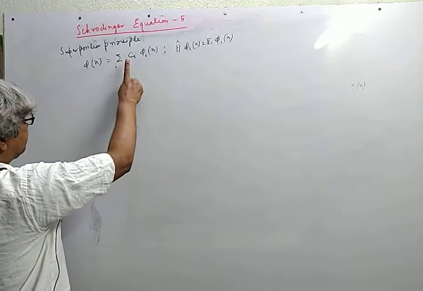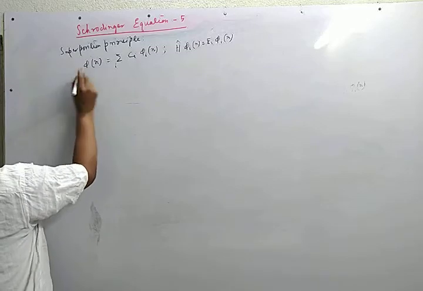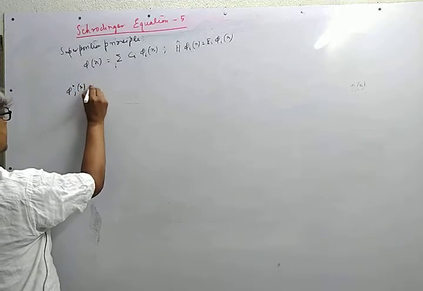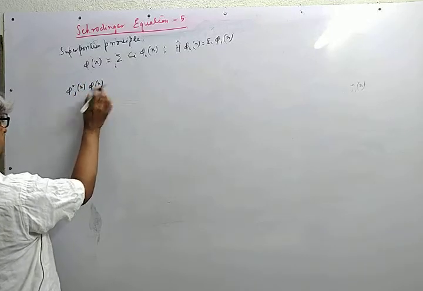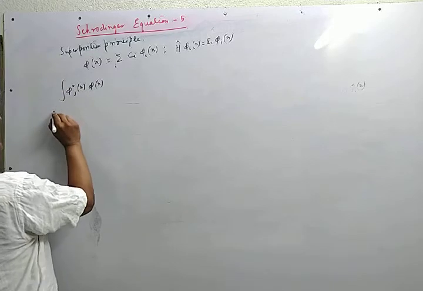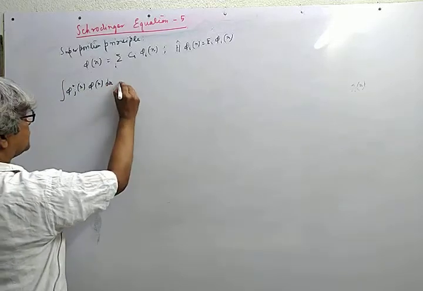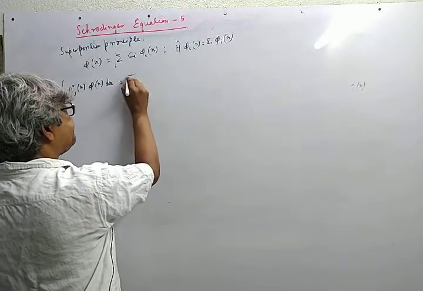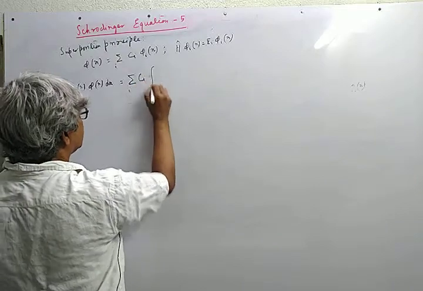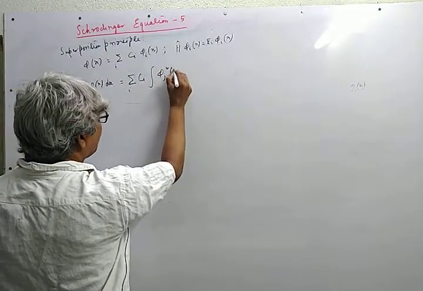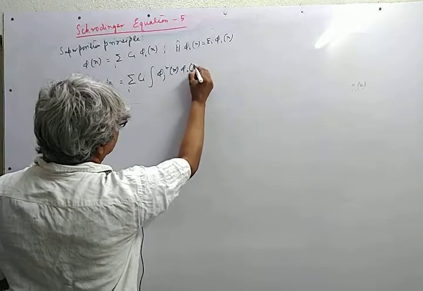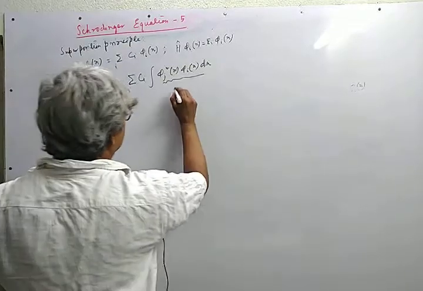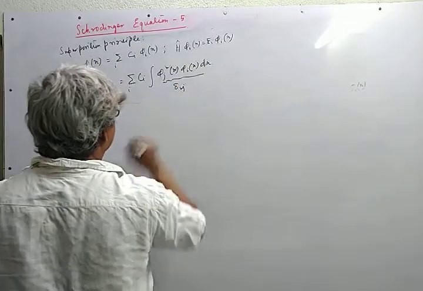To find out an expression for C, I multiply this term by phi j star of x and psi of x. This is the superposition of states, and this is one of the eigenstates, and expand it and integrate it over all space. On the right hand side, this will not enter into the integration. So this is sum of Ci, integral of phi j star of x phi i of x dx. If we assume the wave function to be normalized, then this is simply delta ij.